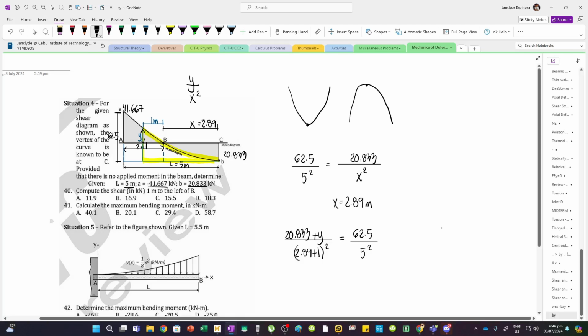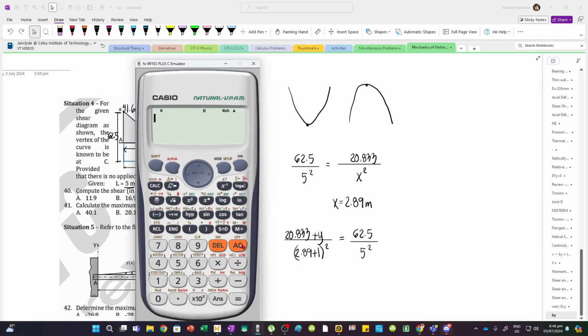Again, all distances of x must be measured from the vertex. So we have 20.833 plus y, this is our unknown, and then 2.89 plus 1 squared equals 62.5 divided by 5 squared.